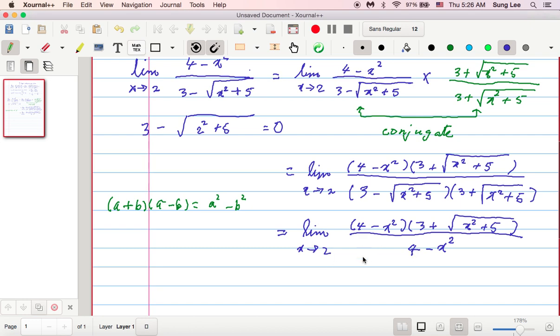So you see that? I have 4 minus x squared in the numerator and also 4 minus x squared in the denominator.